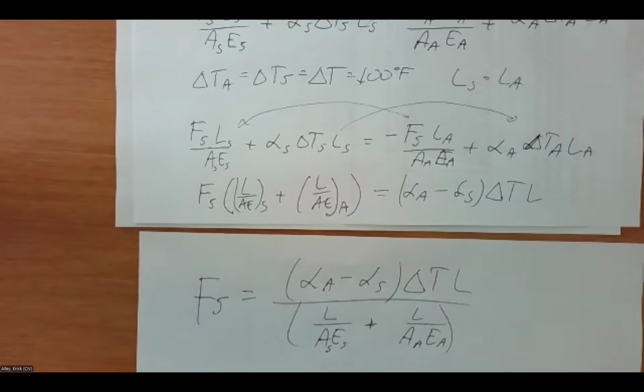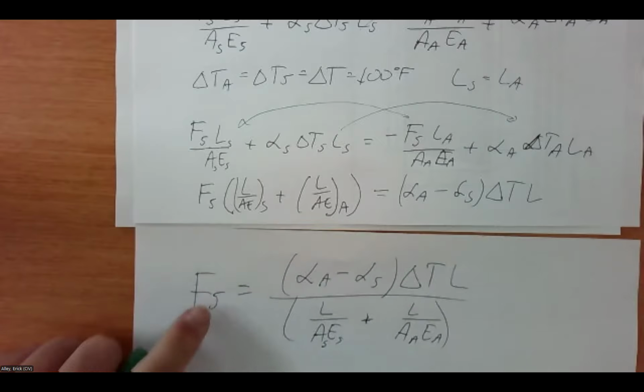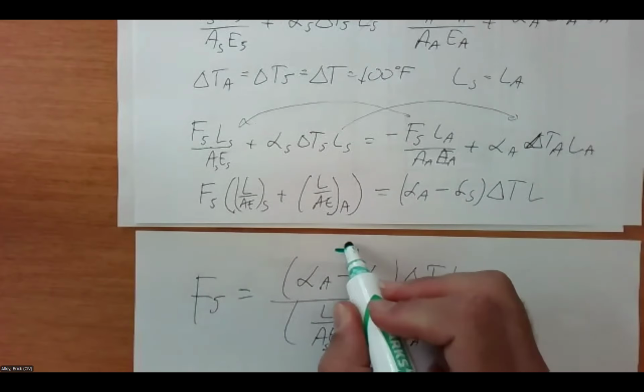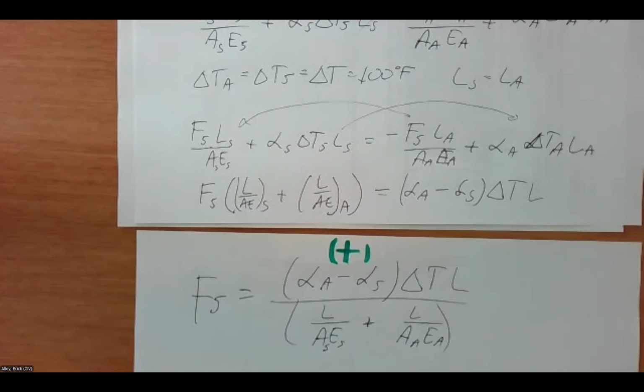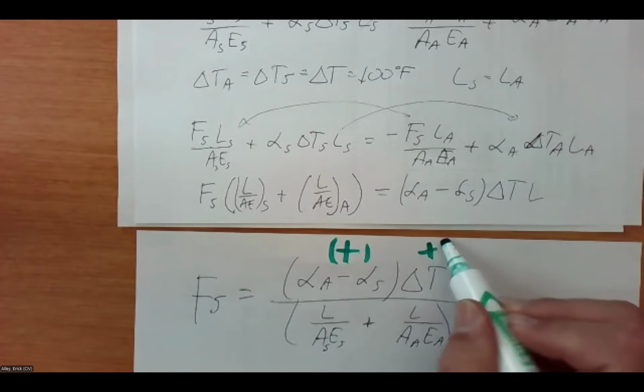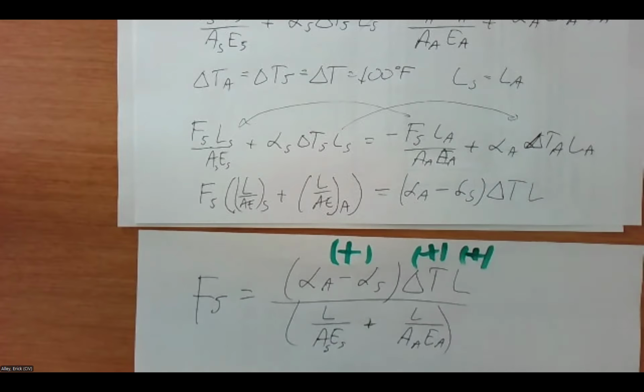So here's my expression. Now I can see that alpha for aluminum is bigger than alpha for steel. So that one, for this case, if we're solving for steel, this should come out as a plus. And do a positive delta T. Length has to be positive.